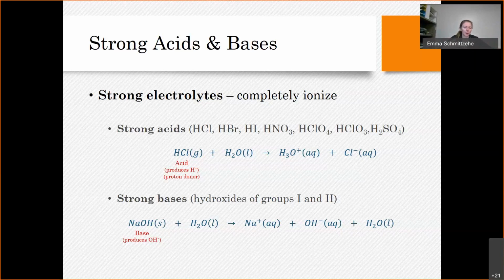We shouldn't have any NaOH, okay? And that is what happens with any strong base, okay? So any strong acid, any strong base should completely split up into ions. And so they're classified as strong electrolytes because they produce a bunch of ions in solution. And if there's a bunch of ions in solution, then it can conduct electricity very well, okay?